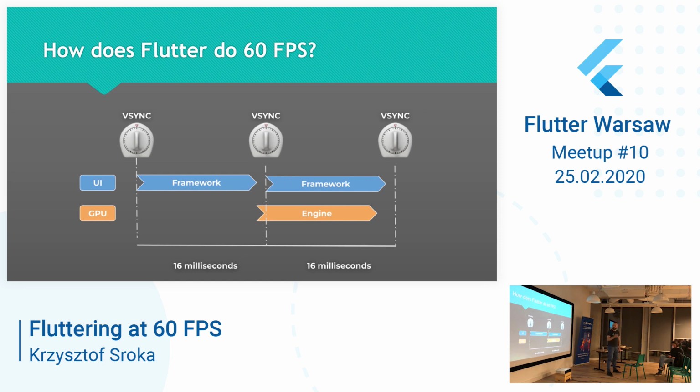So imagine that we are a bit sluggish in our app, and we cannot finish both the framework and the engine part in under 16 milliseconds. However, if we do that under 32 milliseconds, the app is still going to look smooth. However, it's going to have a very minimal delay in responding to gestures.